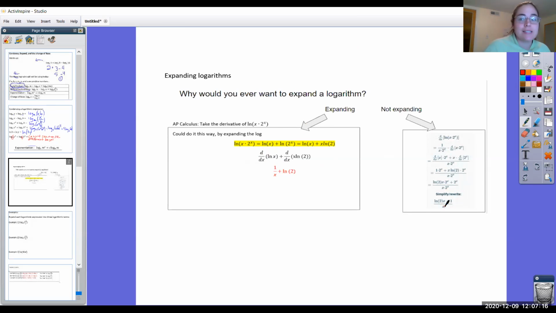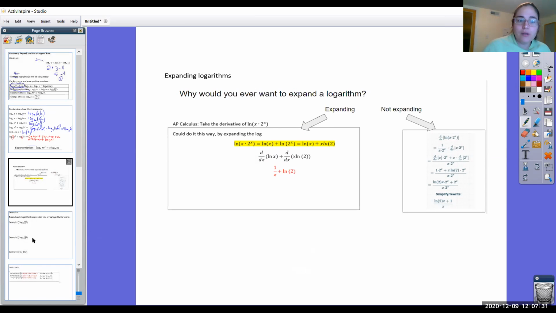Because this class is called pre-calculus, it's really about everything before calculus. So calculus is where this will come in handy. Just being able to expand a log will make other processes easier.